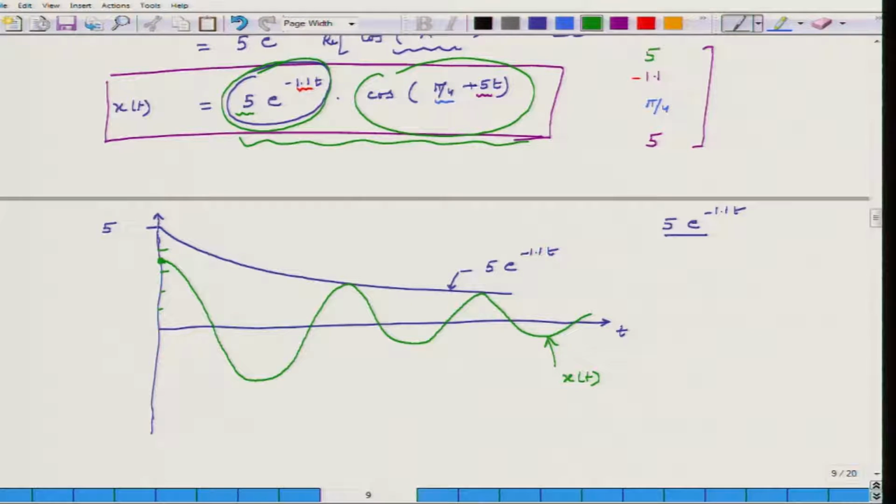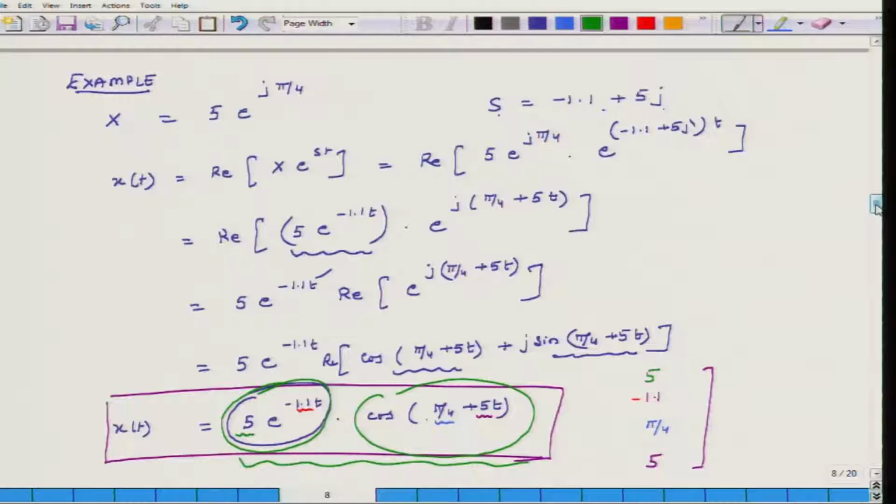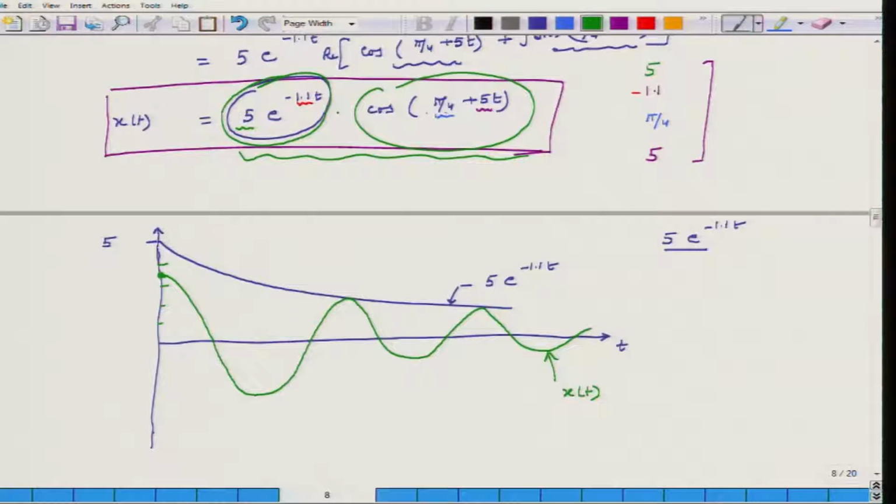So, the first thing is that if pi over 4 was not there and instead of pi over 4, in this original function, we had 0, then at time t is equal to 0 we would have had cosine 0 which would be 1 times 5. So, this green curve would have coincided with the blue curve. Okay.